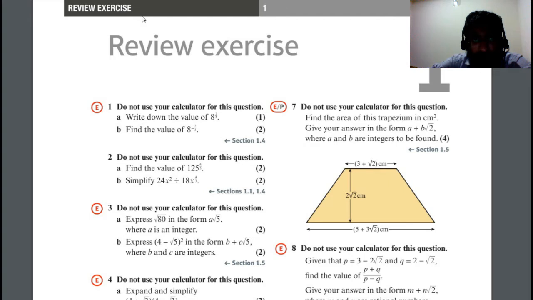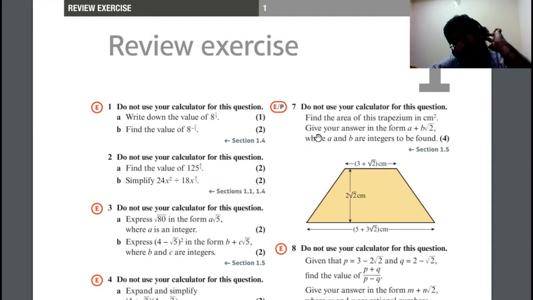Write down the value of 8 to the power 1 by 3. The cube root of 8, the answer will be 2. Find the value of 8 to the power minus 2 by 3.